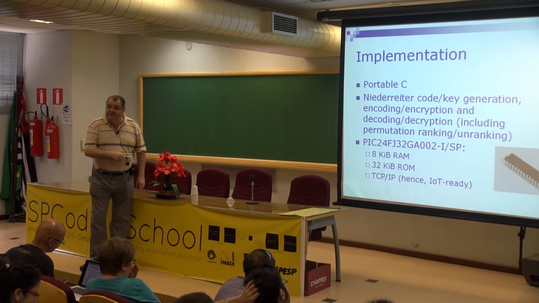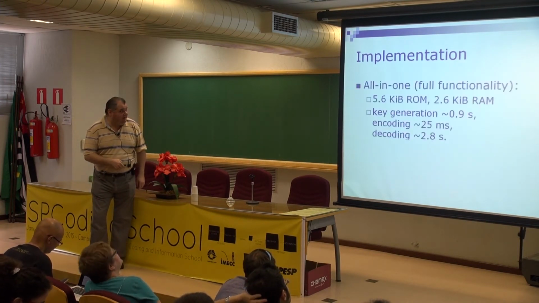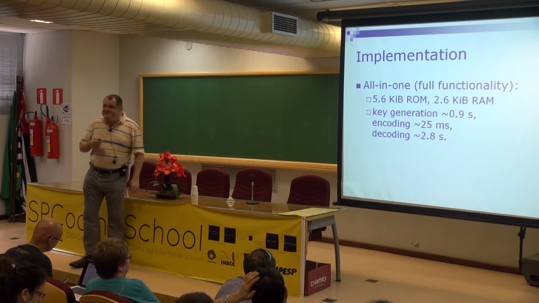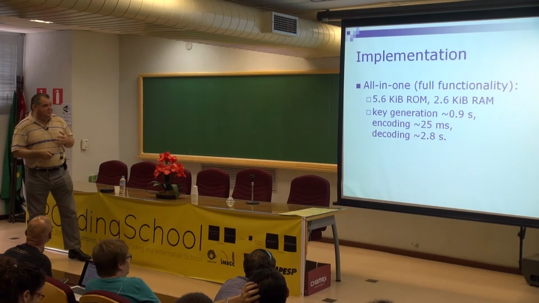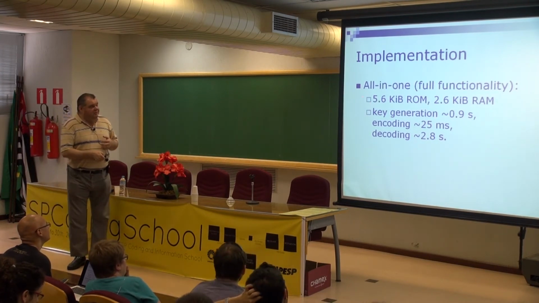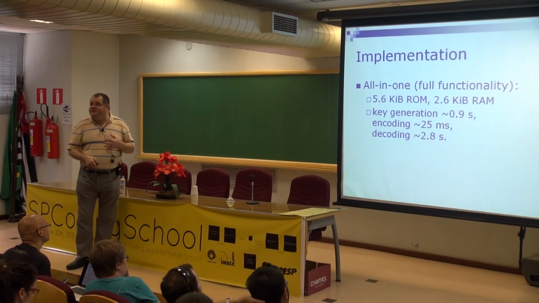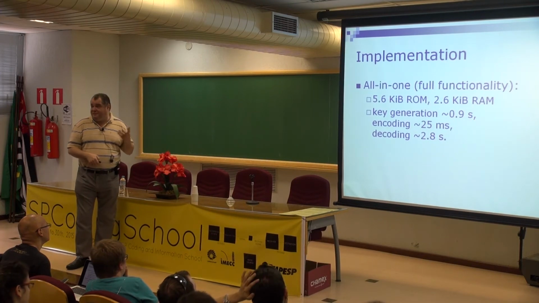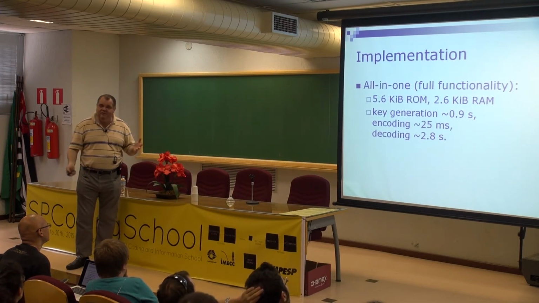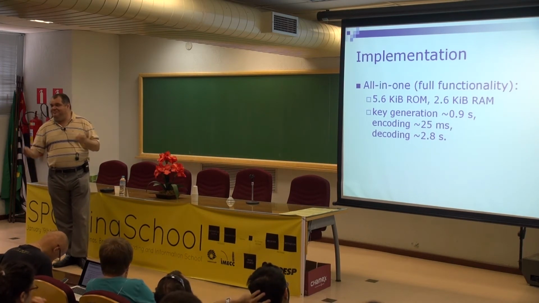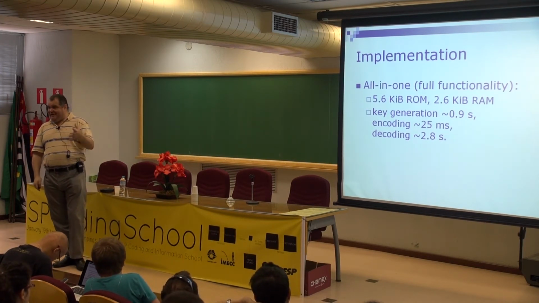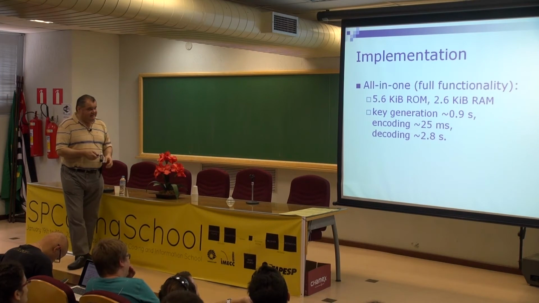So these are the resources we have available. What do we attain when using code-based cryptography? Our program fits 5.6 kilobytes out of 32 kilobytes, so there is plenty of room for your toaster controlling application or that.